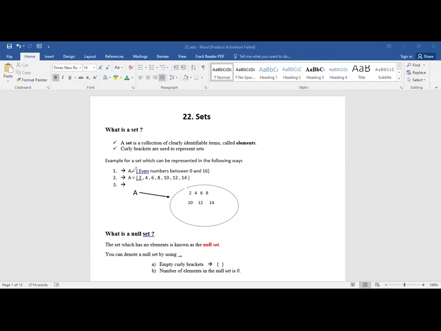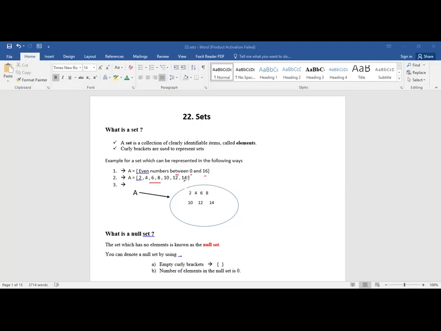The same set can be written down like this: even numbers between 0 and 16, so that I need to begin from 2: 2, 4, 6, 8, 10, 12, 14.